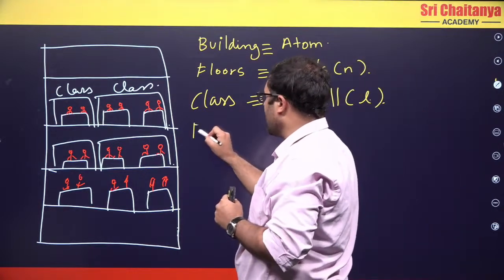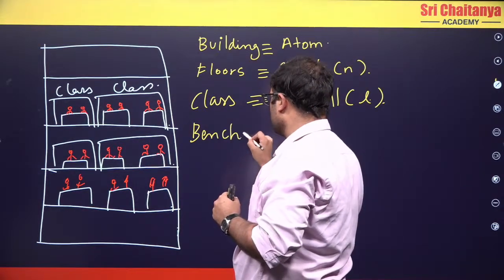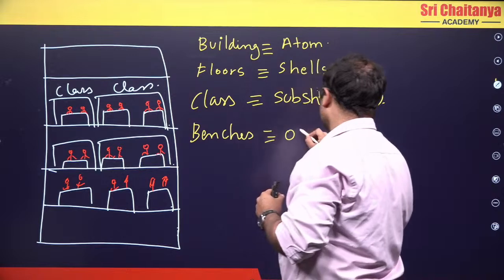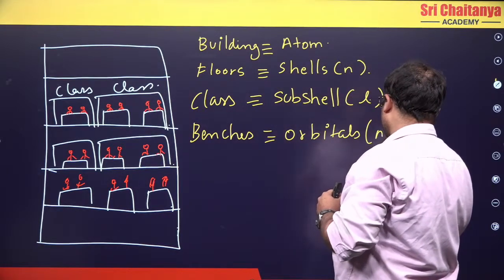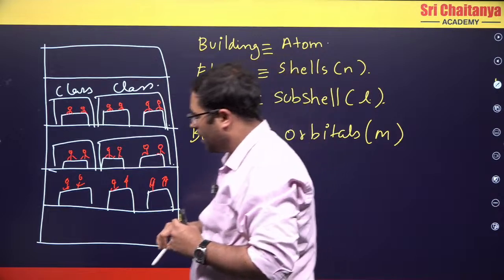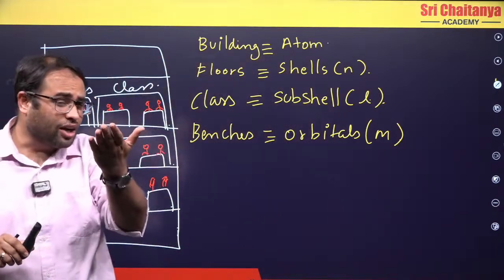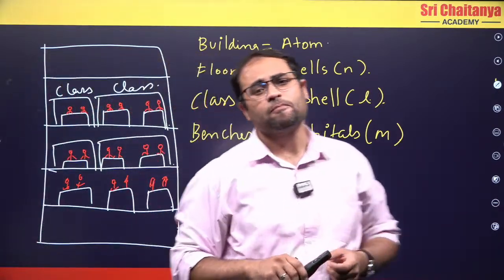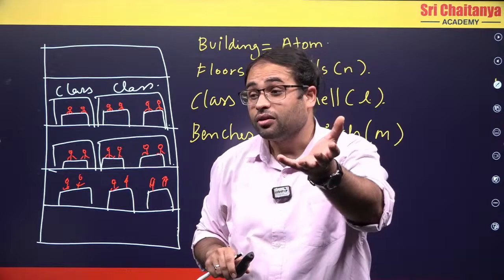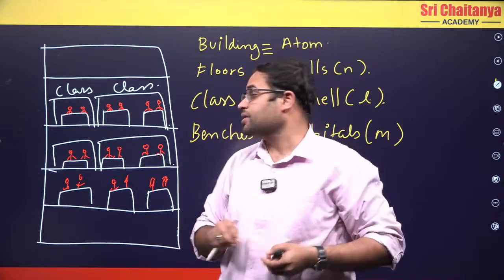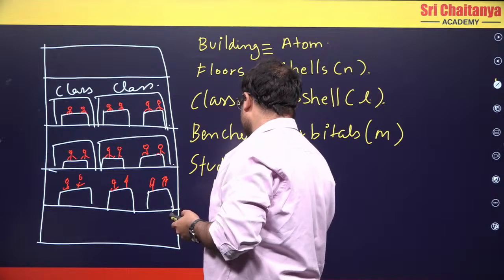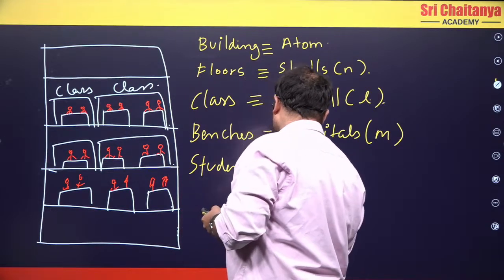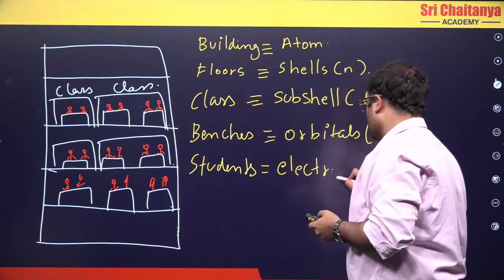So, now I can say that benches are your orbitals, represented by M. And what are you sitting on the benches? The students are electrons, right?